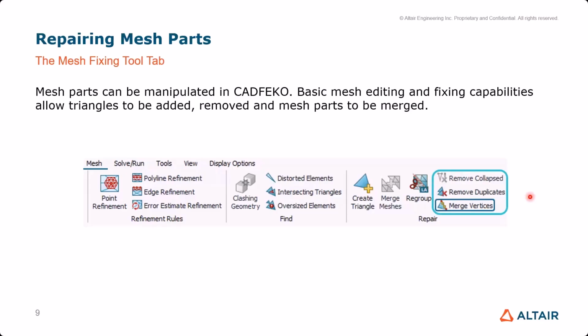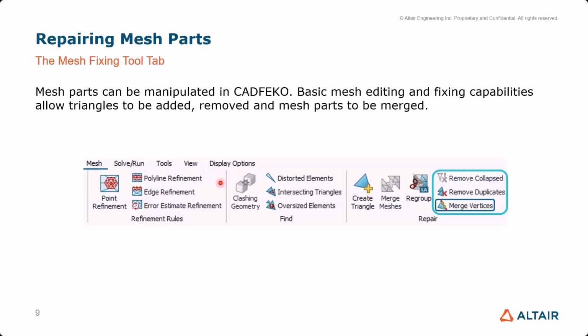This allows you, when using imported meshes or if you have just performed some mesh editing manually, to remove all potentially duplicate elements in your mesh. And the last function helps you to merge vertices. Usually the mesh connectivity relies on vertices of different adjacent mesh elements being almost the same, or within a very small tolerance, and this allows you to merge them if they are very close to each other.